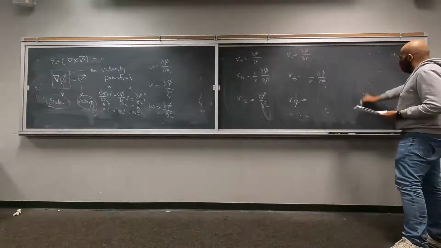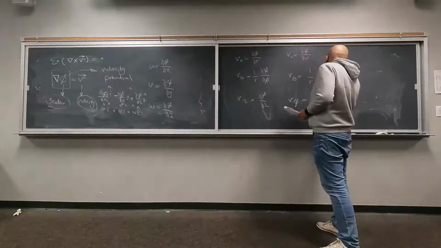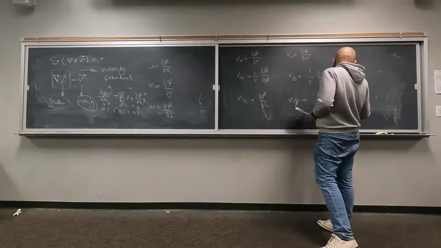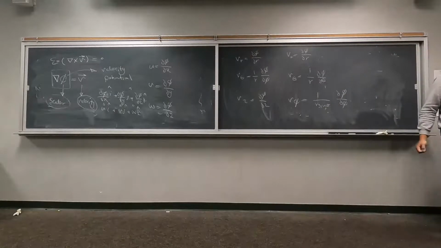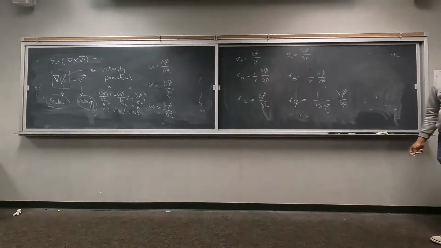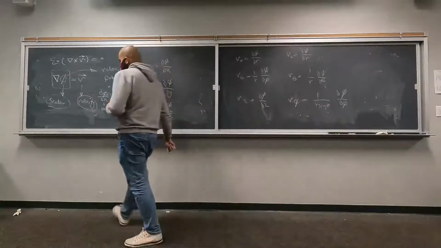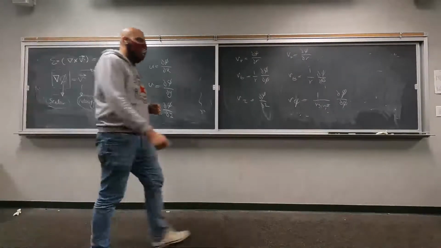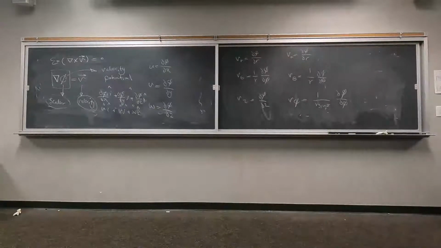So v phi is going to be 1 over r sine of theta partial phi partial phi, essentially. Okay, so we have this formula. If you have the velocity potential, you should be able to find the velocity in any direction. But what is the difference between this velocity potential and the stream function?